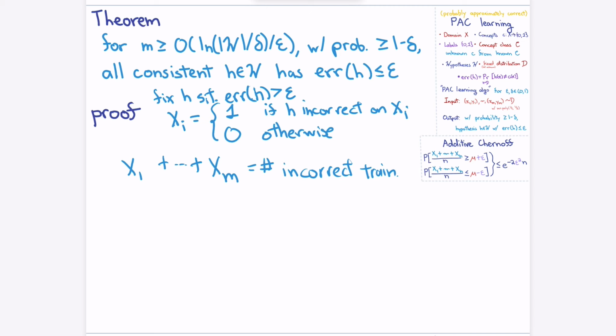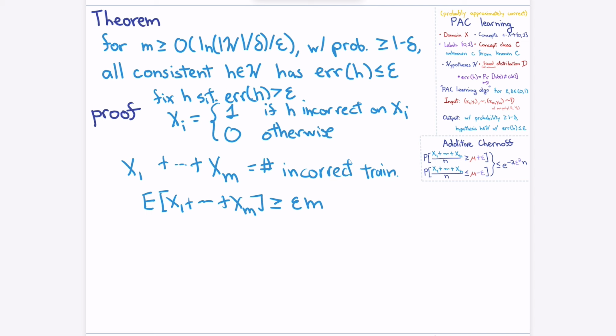Okay, so now what's the expected value of these Xi's? They're each at least epsilon. So if you add them together, it should be at least epsilon m, right? And if you want to apply concentration to this, then epsilon m should be at least how much?